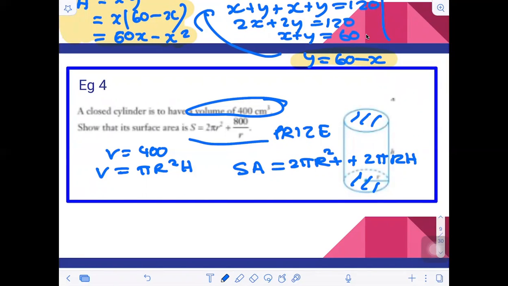Now, if we want to get this whole surface area all in terms of r, 2 pi r squared plus 2 pi r h. Okay, and you can use A for surface area, that's all right.